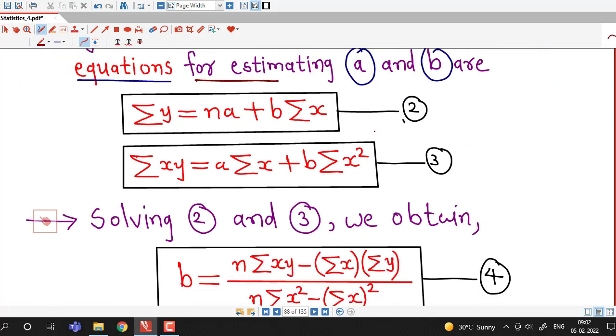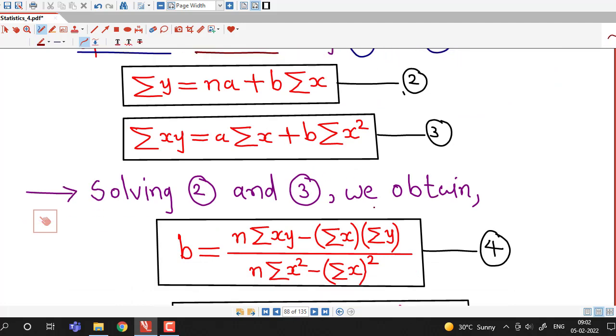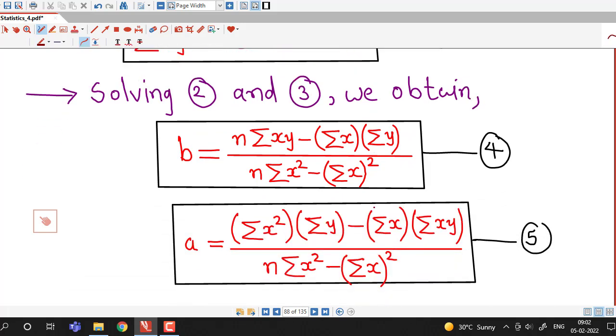So if we solve these equations 2 and 3, we will obtain these expressions for the constants a and b. b will be equal to n times sigma xy minus sigma x sigma y divided by n times sigma x square minus sigma x whole square. a will be equal to sigma x square times sigma y minus sigma x sigma xy divided by n times sigma x square minus sigma x whole square. So you can see the denominator remains the same.